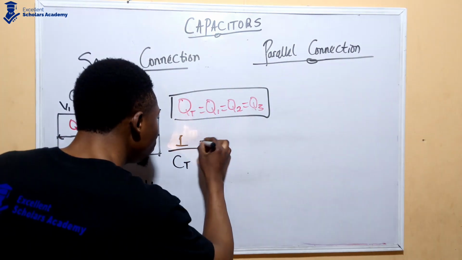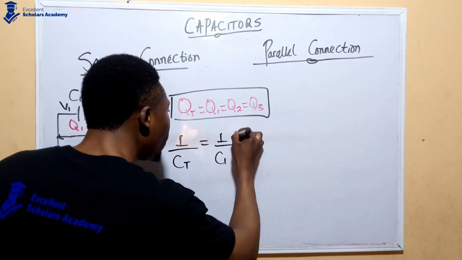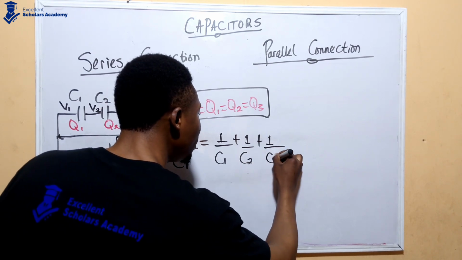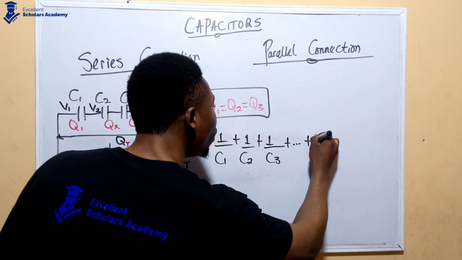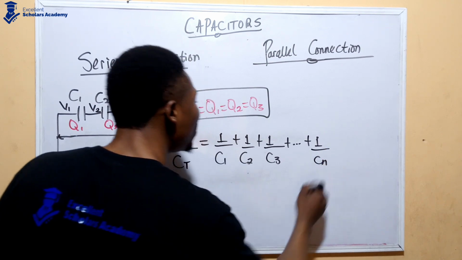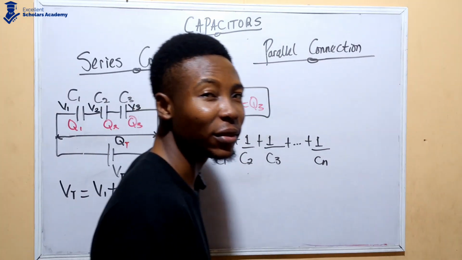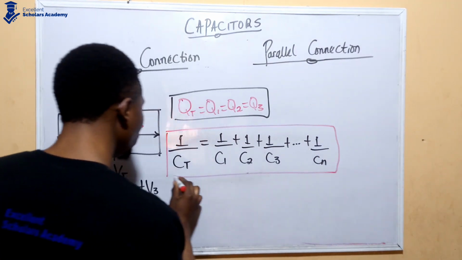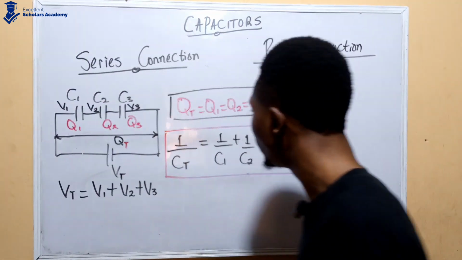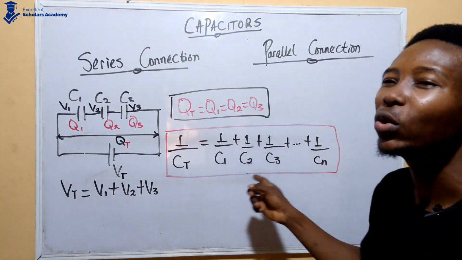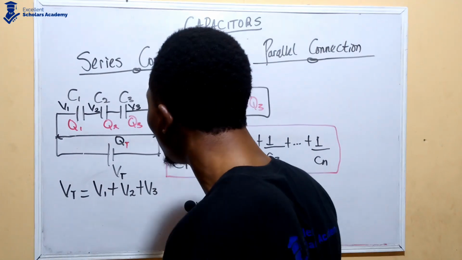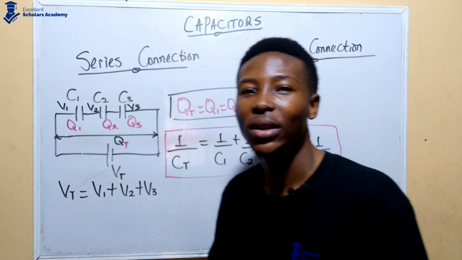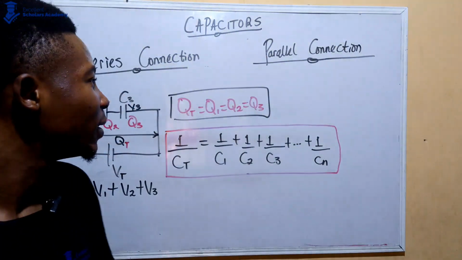So 1 over CT is equal to 1 over C1 plus 1 over C2 plus 1 over C3 plus 1 over Cn, as many capacitors as you have connected in series. We use this formula to find the total capacitance, or the equivalent capacitance.